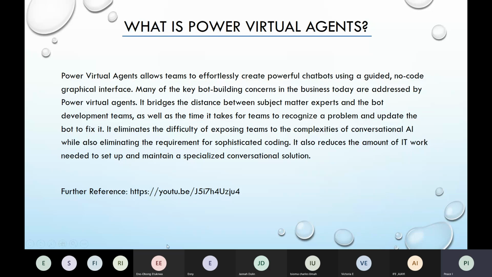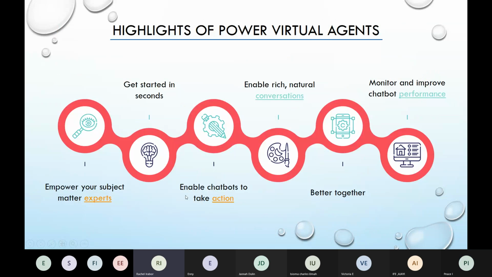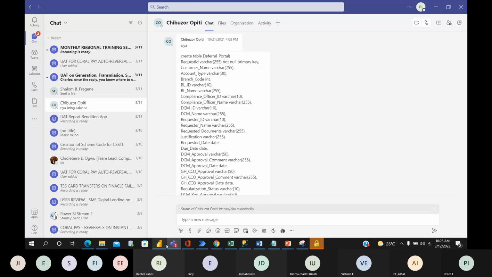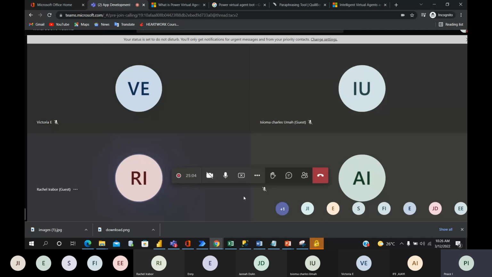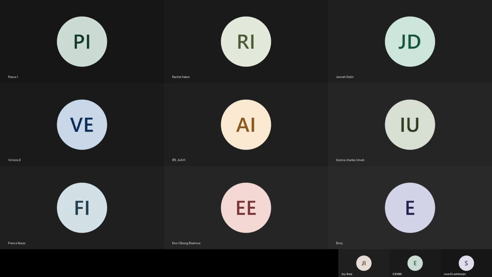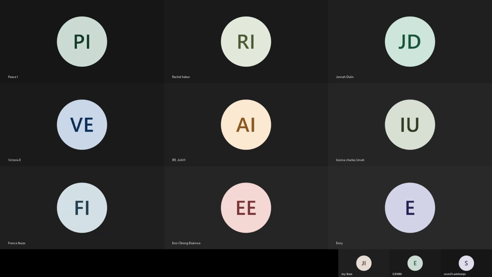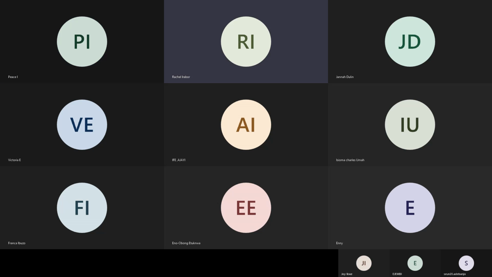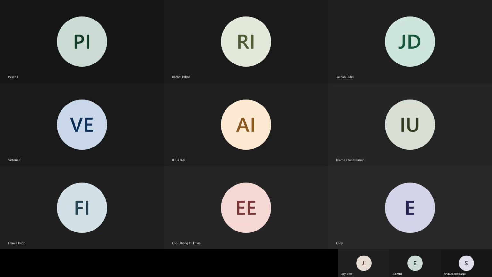I think I'll have to stop sharing and reshare my screen because I want us to watch the video. I have to go back to Teams. Sorry, I have a couple of tabs open. Okay, so I'll just pick out that video so we can watch. It also gives an overview of Power Virtual Agents. I should have this open somewhere.